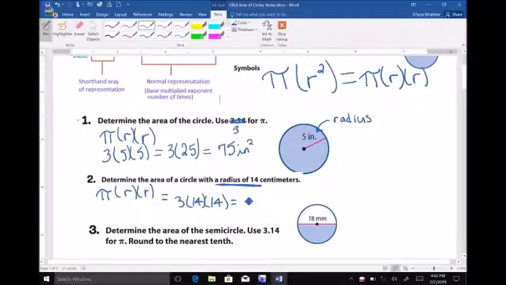Which is 196. So we have 3 times 196, which is approximately 588 centimeters squared.